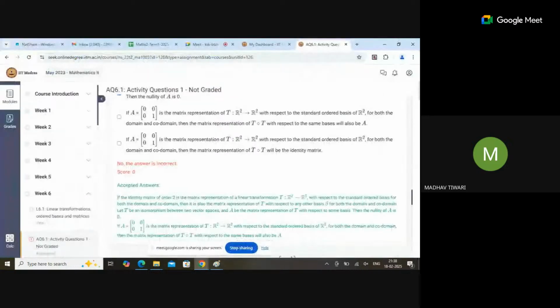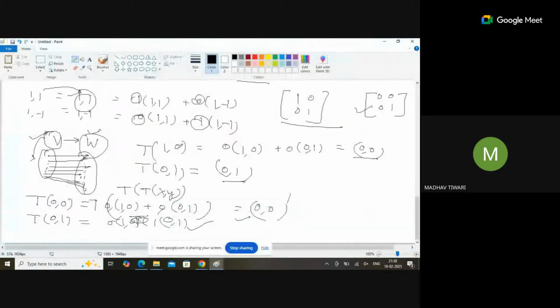Any query? We are just applying the transformation twice, nothing else. We applied the transformation first on a point in this basis, and we got this. We applied the transformation on it again, then we got this value. So we wrote it as a linear combination of the standard basis to get this matrix.